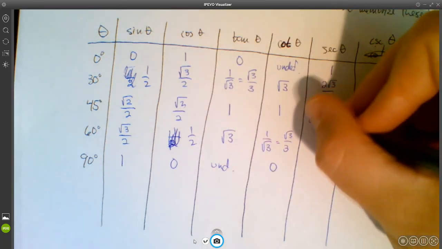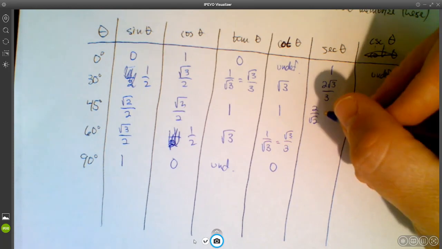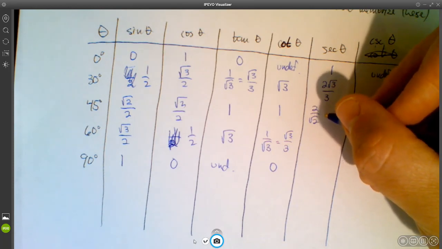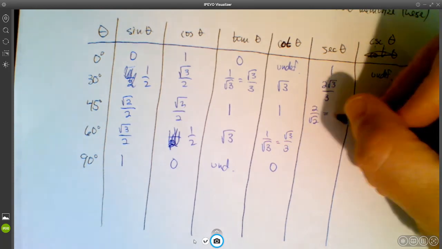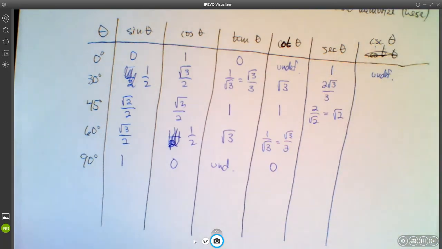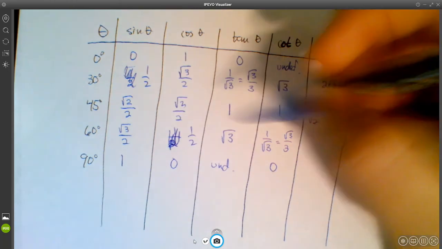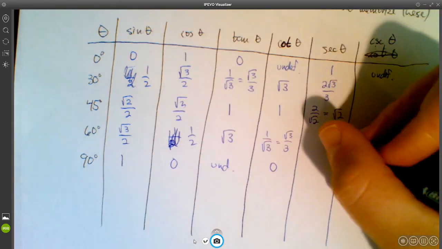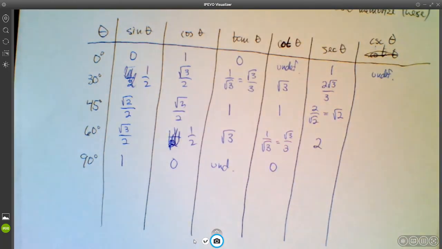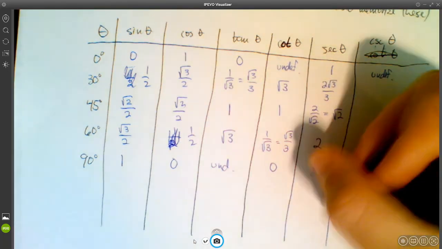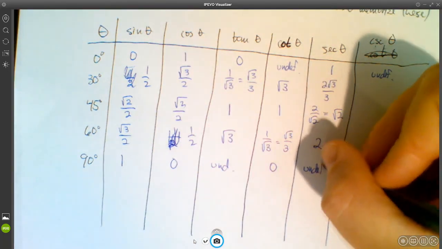If you rationalize, you get 2 root 2 over 2. That's just going to be root 2. 1 over 1/2 is just 2. 1 over 0 is undefined.